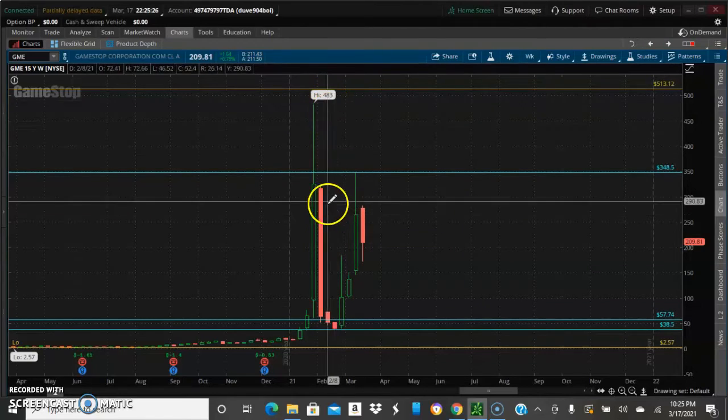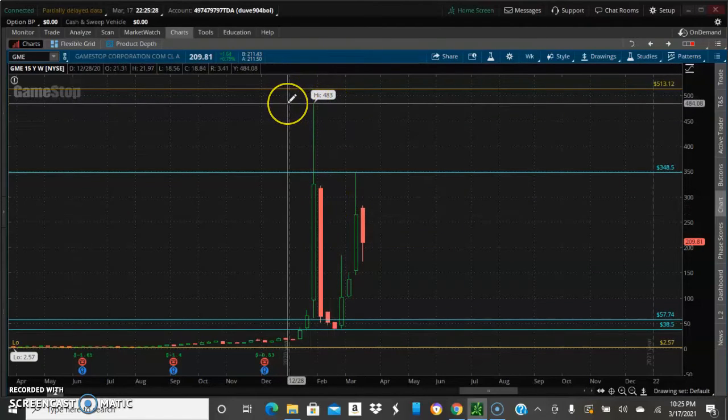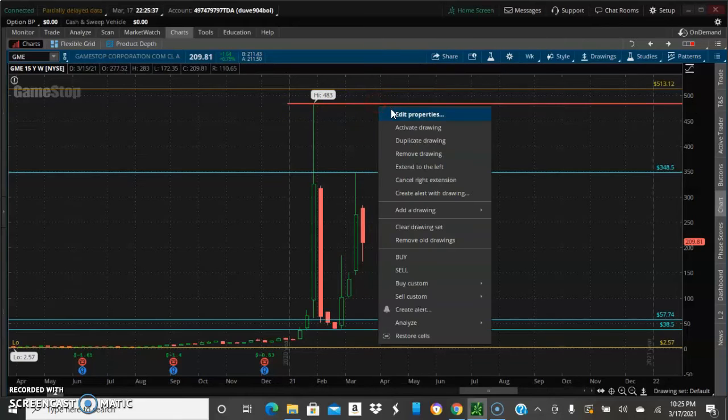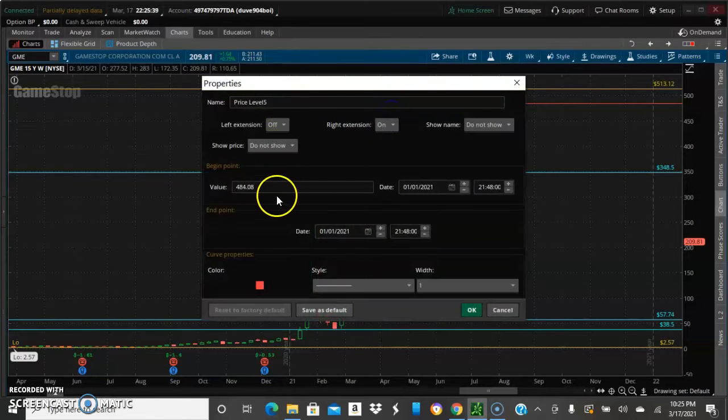All right, that was 48.43. The high is really 513.12 on this chart, on this high time frame, which is showing us a small high.